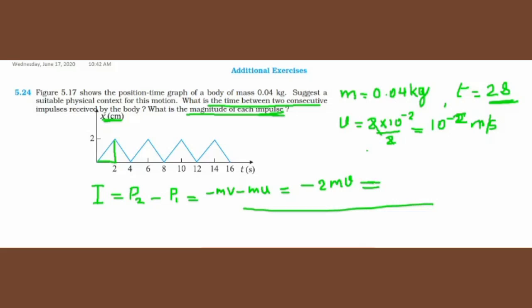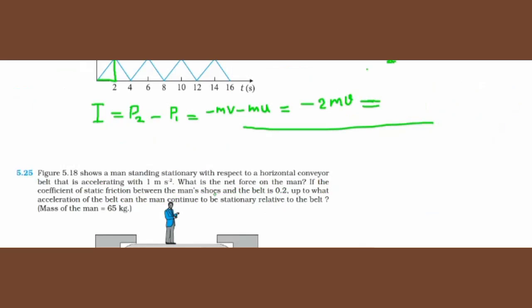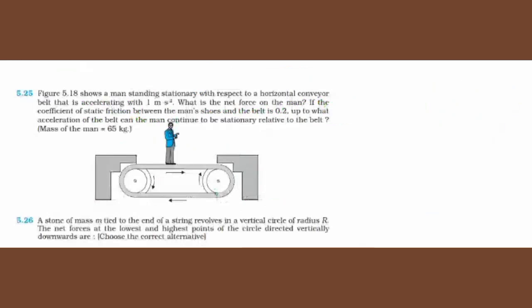Now, question 25. Diagram is given. The conveyor belt is accelerating at 1 meter per second square. Acceleration of the belt is given, 1 meter per second square. What is the net force on the man?